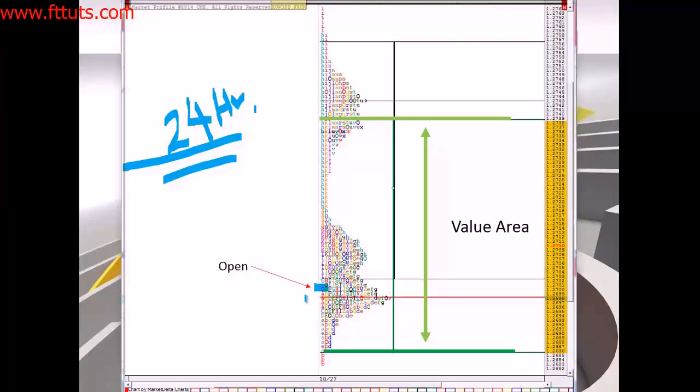So in other words, here you see the letter A, and there are 4 TPOs within this letter A. Just 4 of them. All right. That means that during that entire 30-minute period, the only 4 prices that were available to transact at were from 1.2699 down to 1.2696.